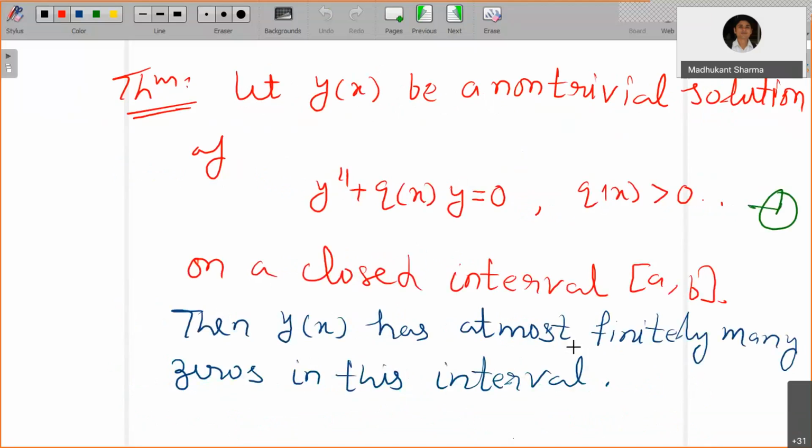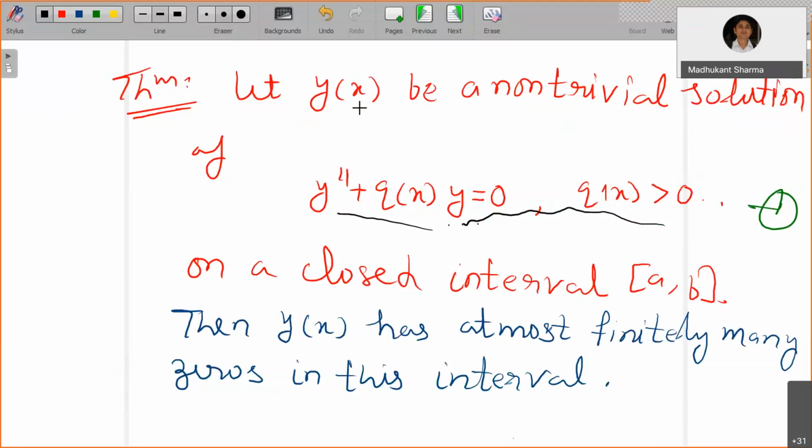You consider the very special case of a second order linear homogeneous differential equation, here equation 1. So y dash is absent here, and it is y double dash plus q of x times y equals 0, with q a positive function.